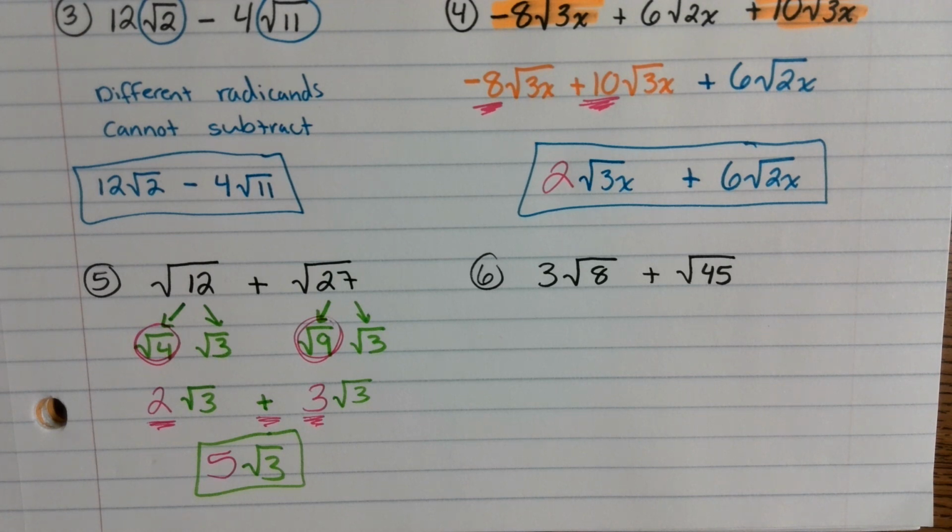So how can you factor 8? Break it out to 4 and a 2. Then take the square root of that 4.